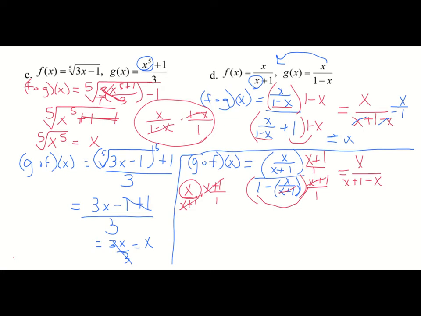And again, it's the same thing as on the top. It simplifies out. So those x's will cancel. So I have x over 1, which equals an x, sorry. Equals an x. So that means that these functions are inverses of each other.